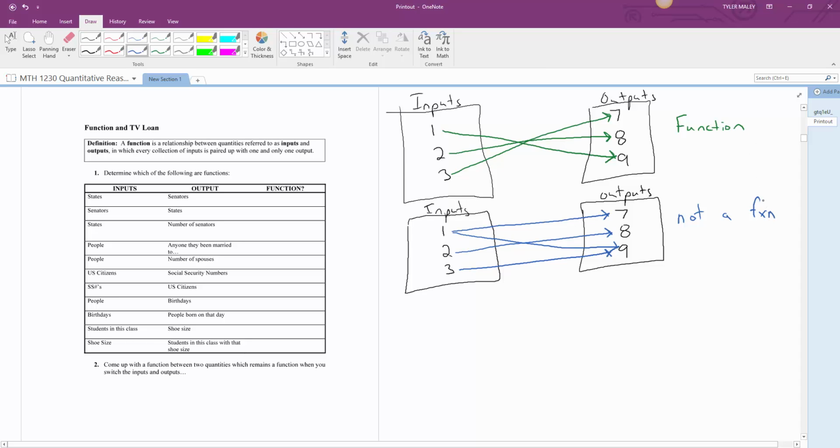Good. But one thing to note, though, is that more than one input could go to the same output, right? So let me show you what that would mean. Right, so again, one last time we'll do inputs with outputs. Right?